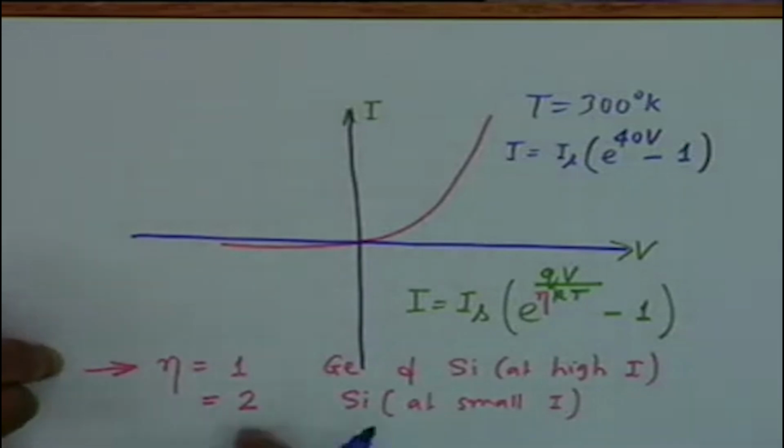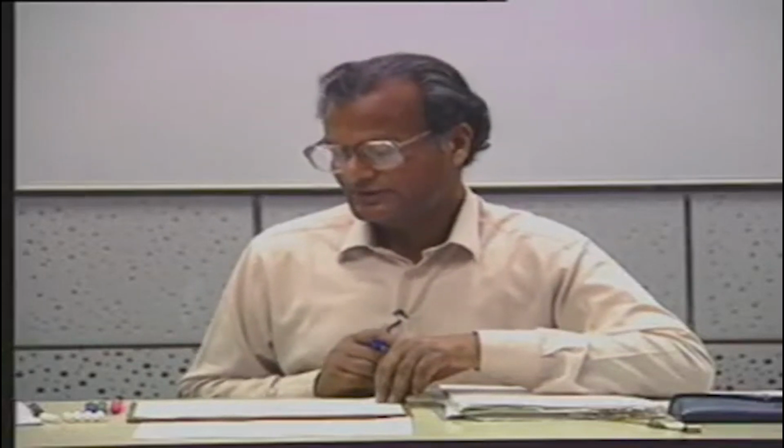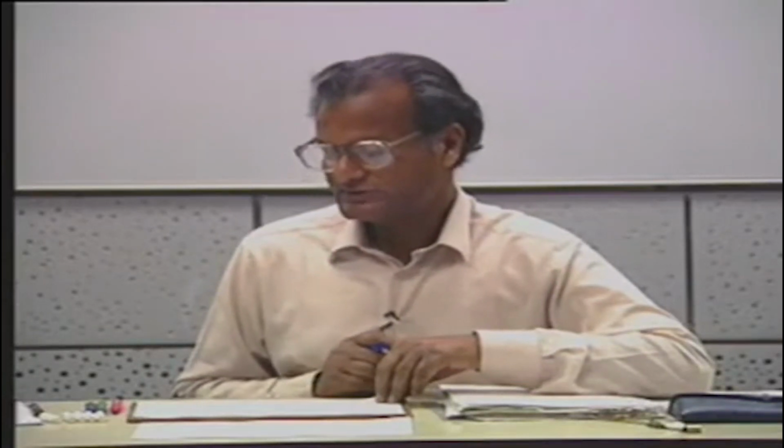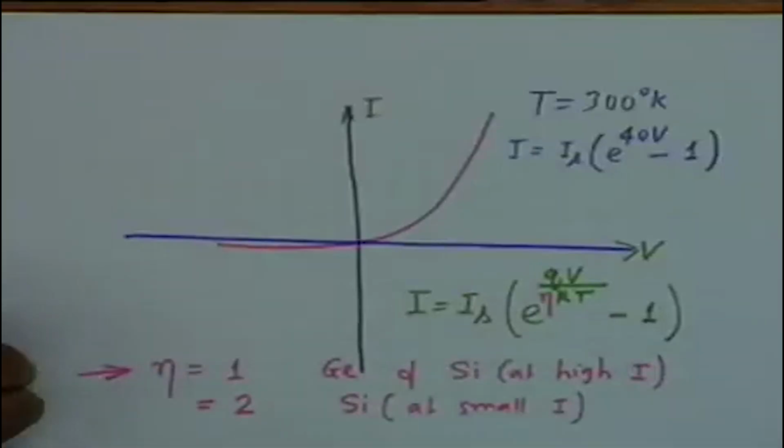If eta is taken as equal to 2, then instead of 40 we shall have the figure 20. You must also remember that this holds at room temperature, which is assumed to be 27 degrees Celsius or 300 degrees Kelvin. If the temperature is increased or decreased, correspondingly this figure 40 has to be altered.